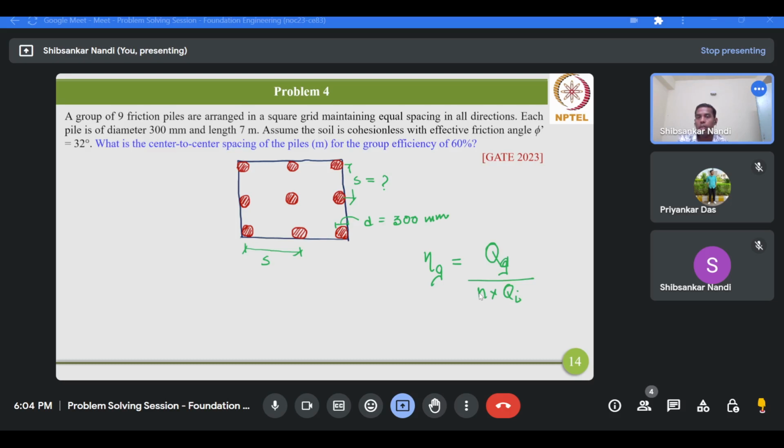So far we have determined the capacity of a single pile using different formulas, and in the subsequent problems we will also see how to calculate the capacity of a pile group in clay.